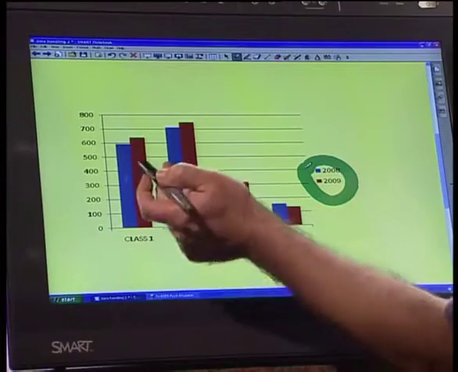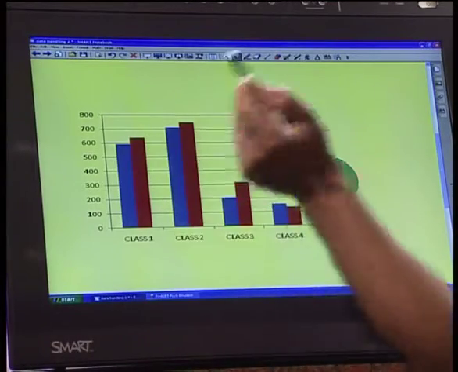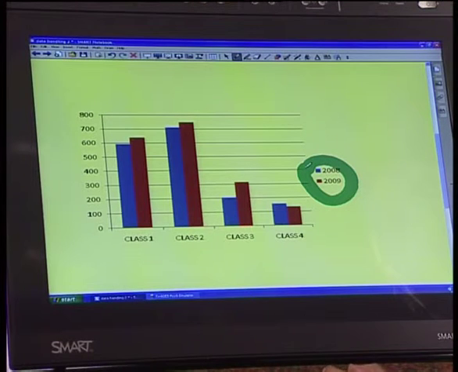This is an example of where we have combined data into a bar chart form. We call this a composite bar chart because it involves more than one reading for the same set of data. Class 1 has got 2 readings, a 2008 and a 2009 reading. So does Class 2, Class 3, and Class 4.